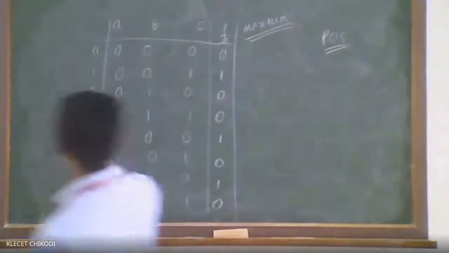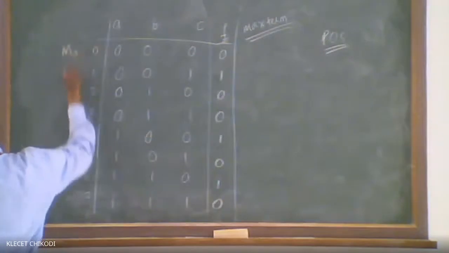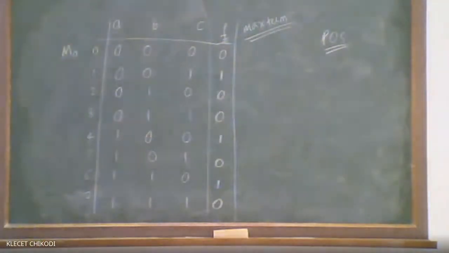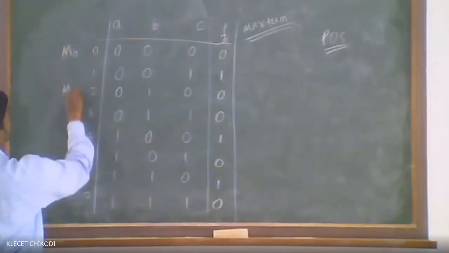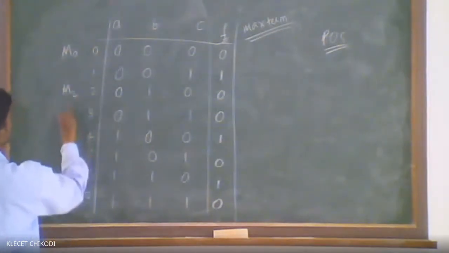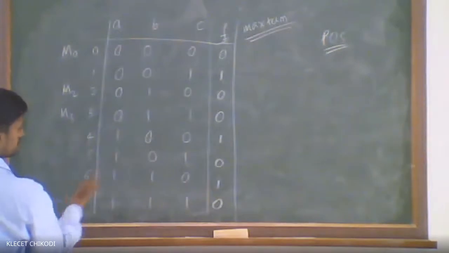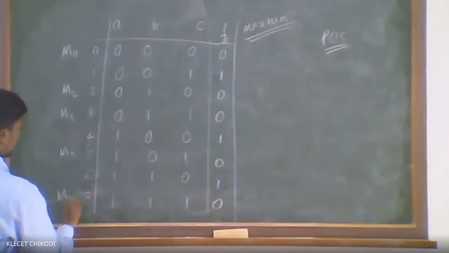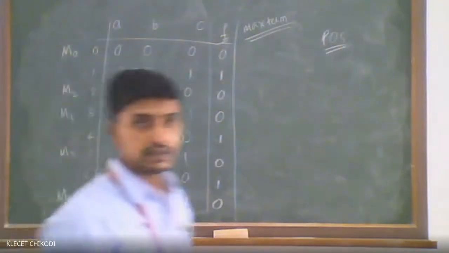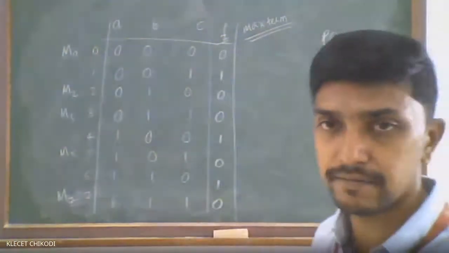So you write it here. Wherever the max terms are available, in terms of capital M0, M2, M3, M5 and M7. So only these max terms are available here.